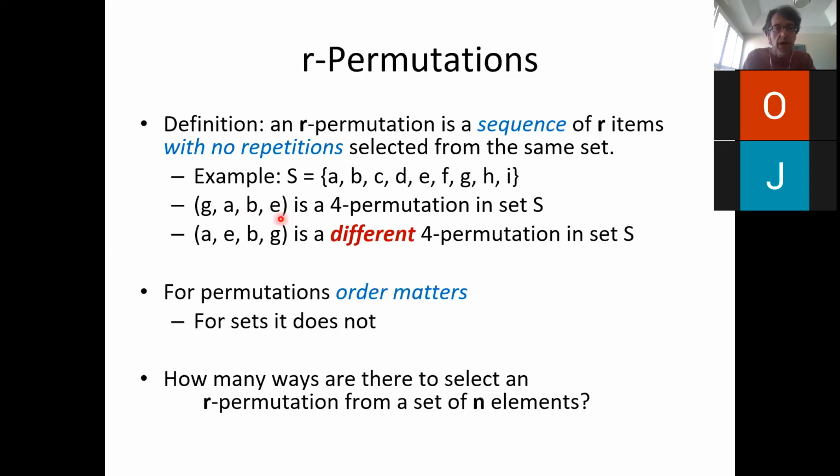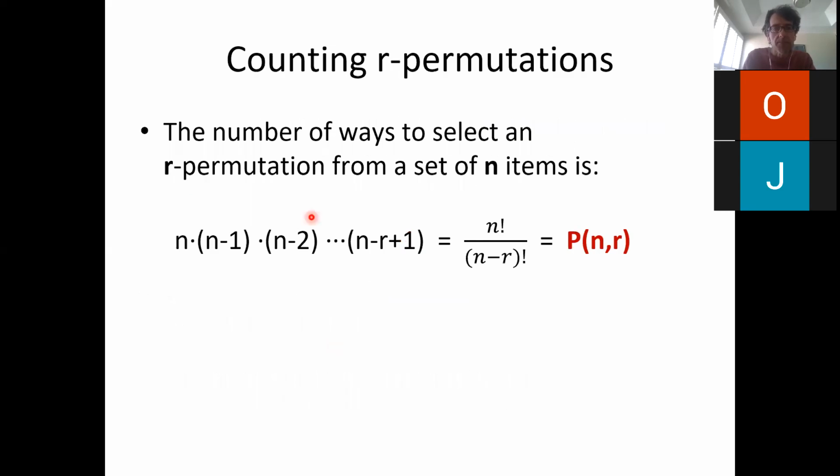So how do you count them? Well, here's a general formula, and you can think of this as a sort of generalization of the product rule. You have to count r elements. The first element is unconstrained. It can be any element in this n-element set. But once you choose this first element, the second one is now constrained.